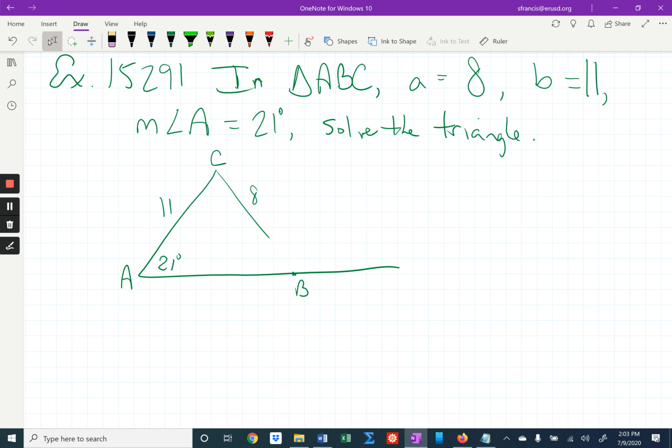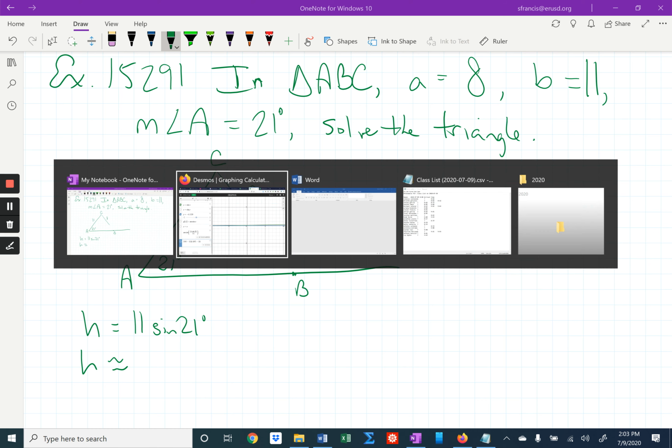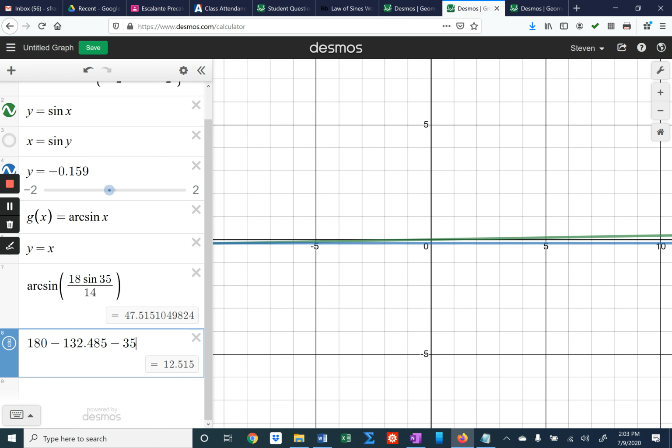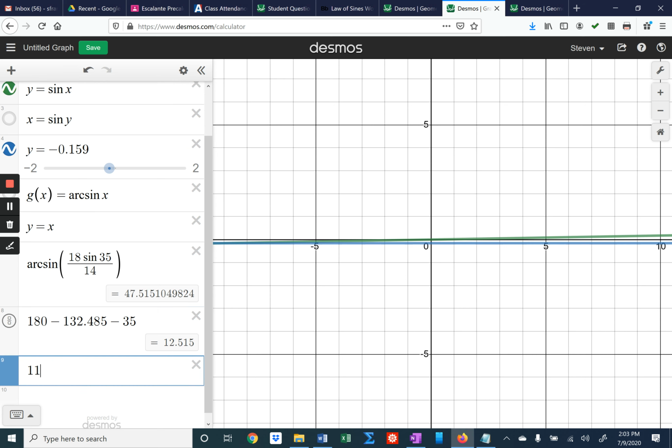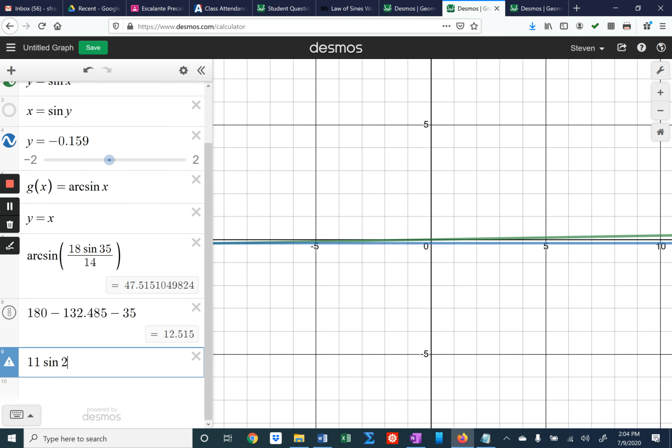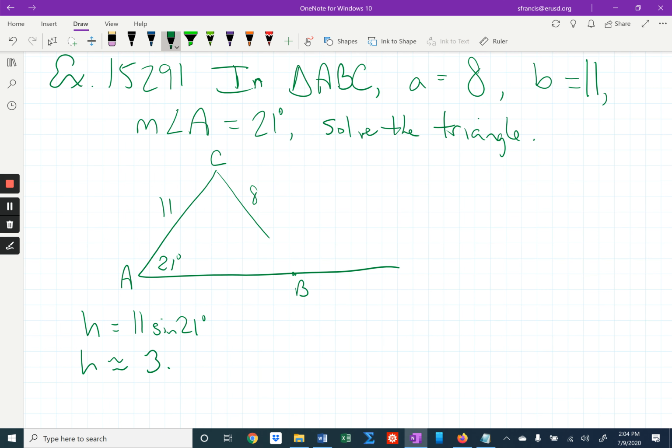And so opposite side is smaller than the adjacent, so I need to figure out the height. And I figure that out, I'll be able to compare and see what's going on. So it's 11 sine 21, which is 3.94 approximately.